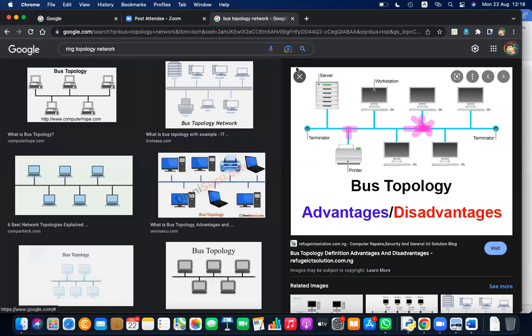Is it a duplex kind of network, supporting multiple communications? Or can only one party send and receive signals? What do you think in the bus topology? Can many parties communicate simultaneously, or only one party?